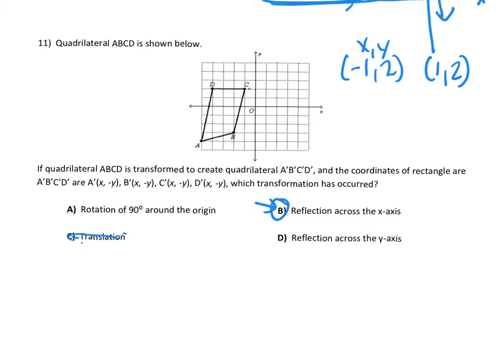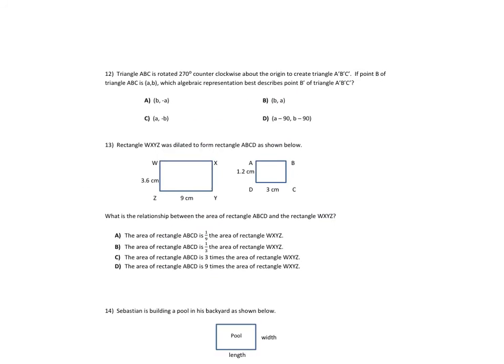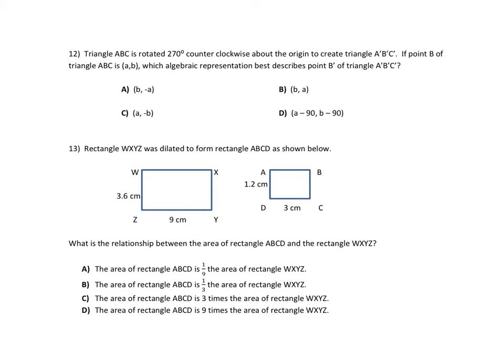Number 12, triangle ABC is rotated 270 degrees about the origin. If point B of the triangle is (a, b), which algebraic representation best describes it? So what was 270, Tristan?